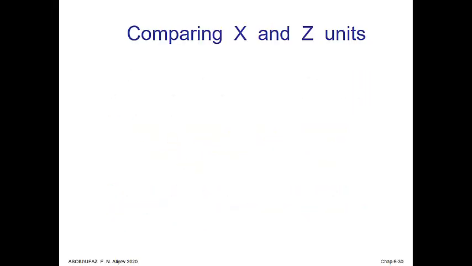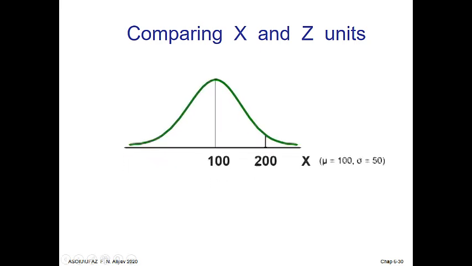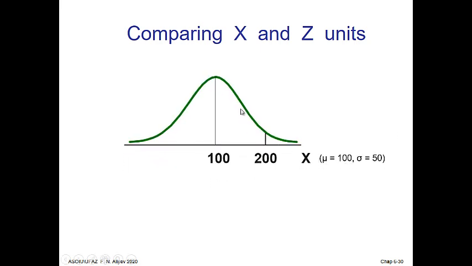Comparing x and z units from the previous example, here is the graph of the normally distributed random variable x with the mean 100. We have the value 200 here, and the standard deviation of this distribution is 50. When we apply the formula, the mean 100 turns to 0, the standard deviation turns to 1, and the value of 200 turns to 2.